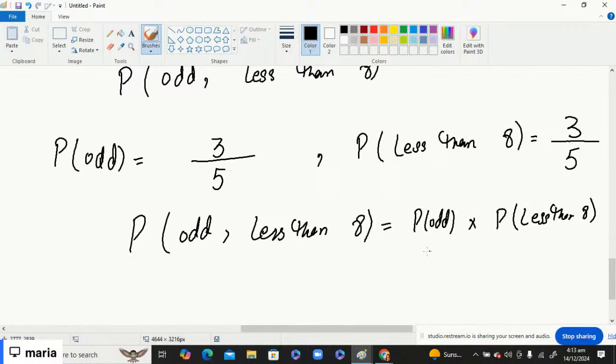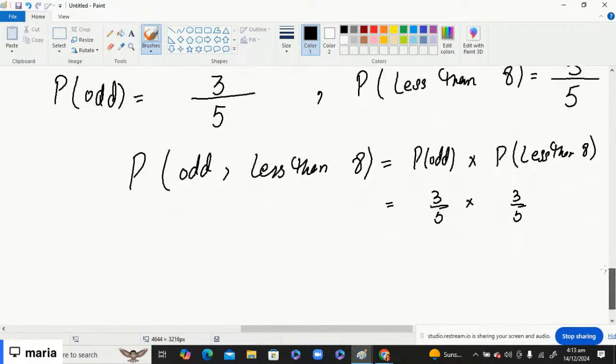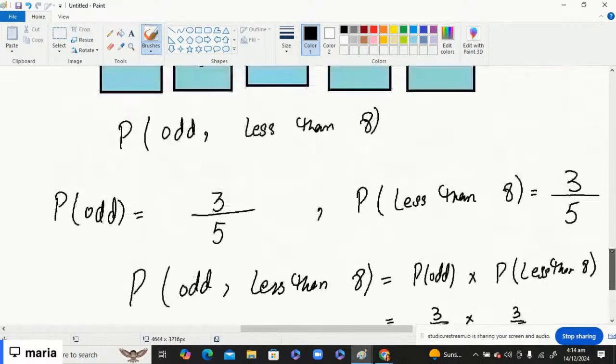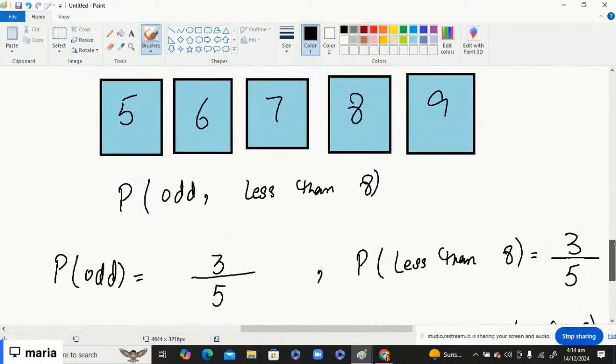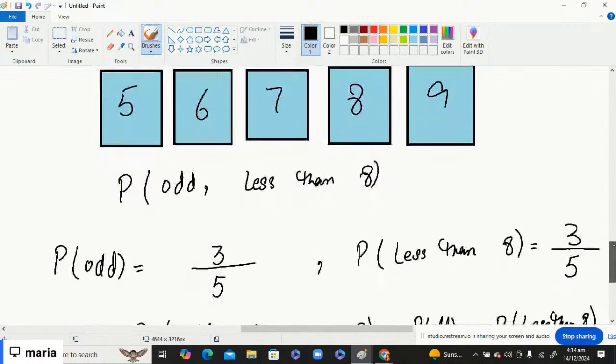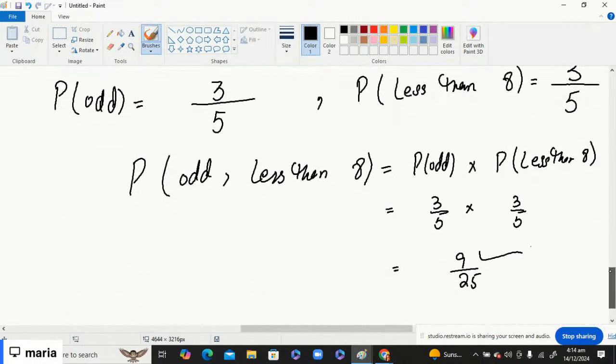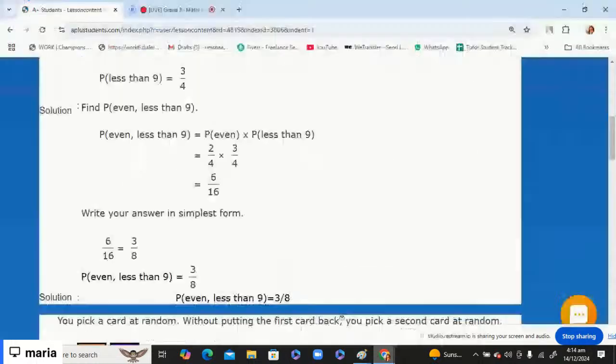So this is 3 by 5 times 3 by 5. Now 3 times 3 is 9, 5 times 5 is 25. This is the probability of odd and less than 8, that is 9 by 25. And this is the proper way to solve this. Okay, let's discuss the next.